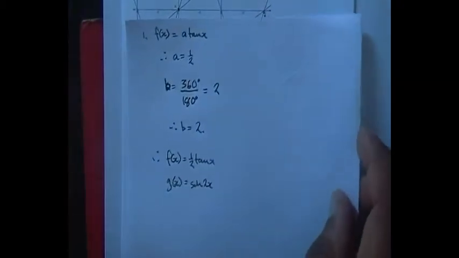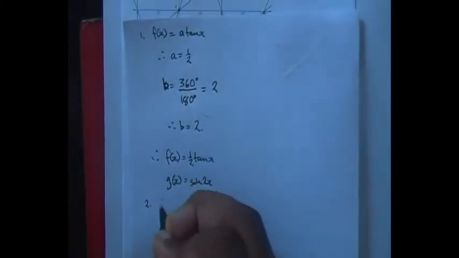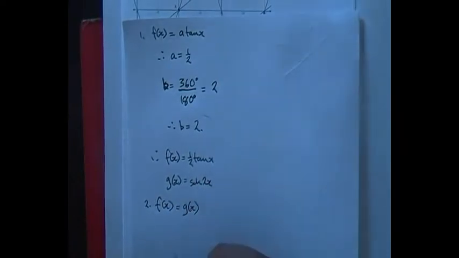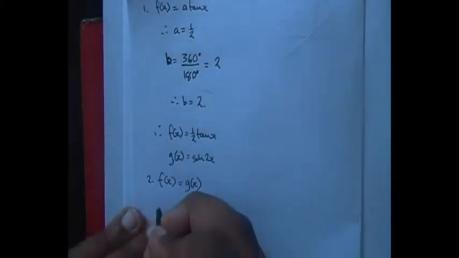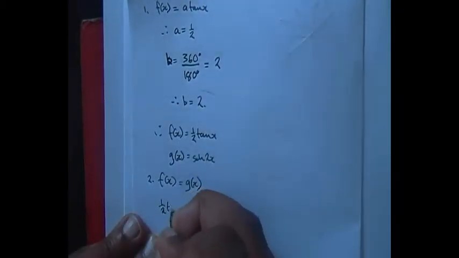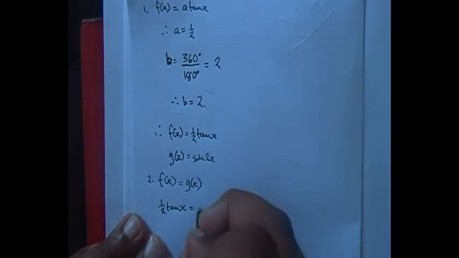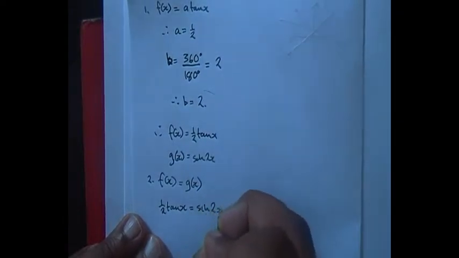So they cross when f of x is equal to g of x. So f of x is a half times tan x, and g of x is equal to sine 2x.